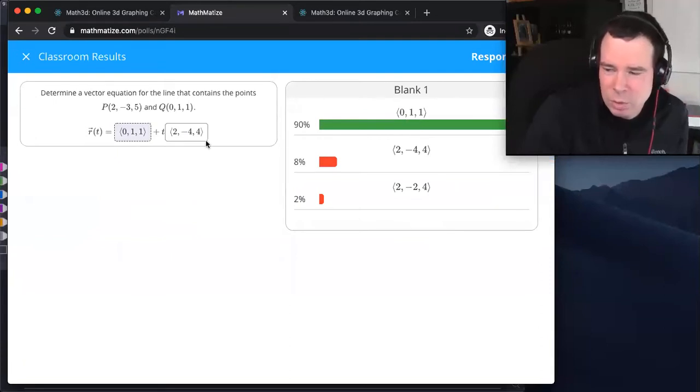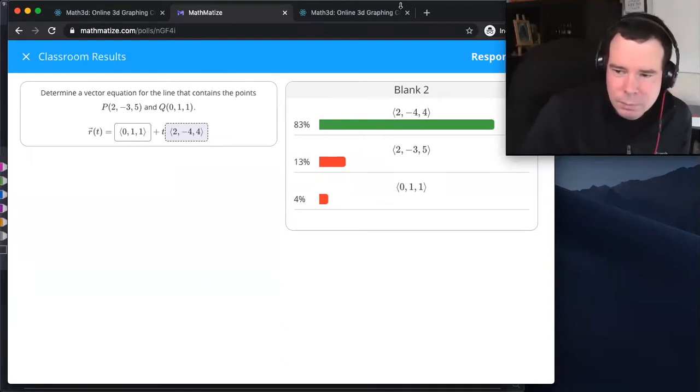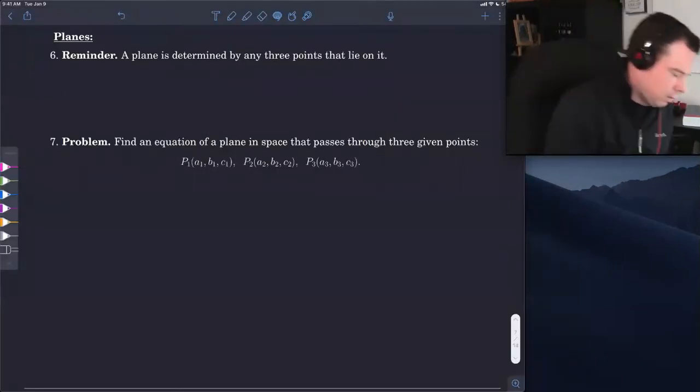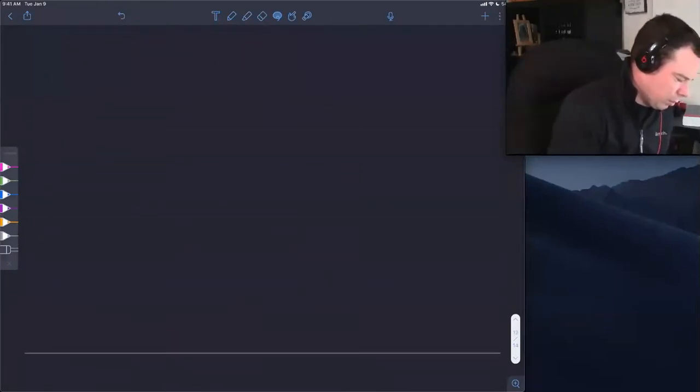So it looks like 90% of the class got the first part right, and about 83% got the second part right. So let's go ahead and see how we can do this. I'll do it at the bottom of the page.